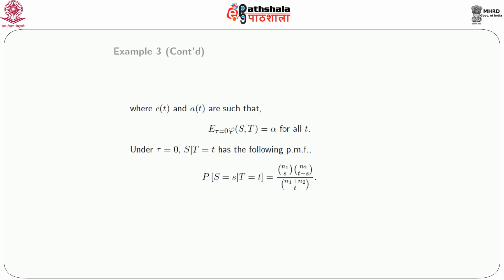Under tau equal to 0, s given t equal to small t has the following PMF: probability of S equal to s given T equal to t is (n1 choose s)(n2 choose t minus s) by (n1 plus n2 choose t). This is the form of a hypergeometric distribution.